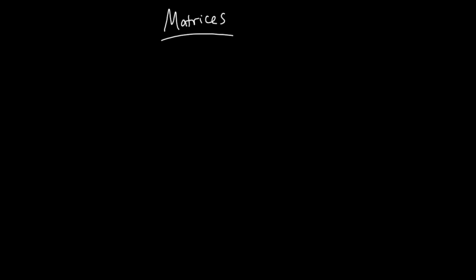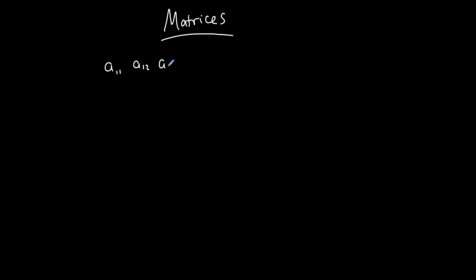Intro to matrices. A matrix is basically an array of numbers, which can be represented in a lot of different ways. So I'm going to represent it in a very general way first. We'll say Aij. Actually, let me go with A11. I'll show you what I mean in a second.